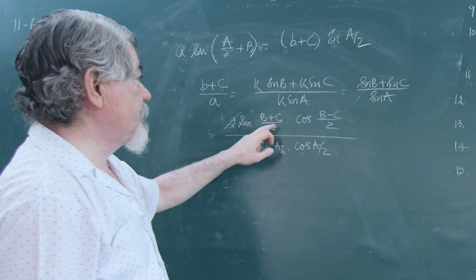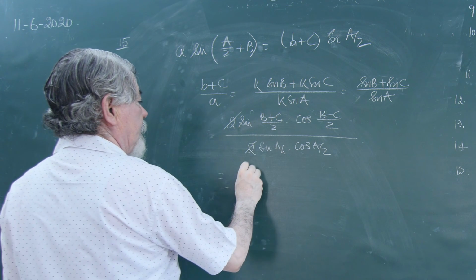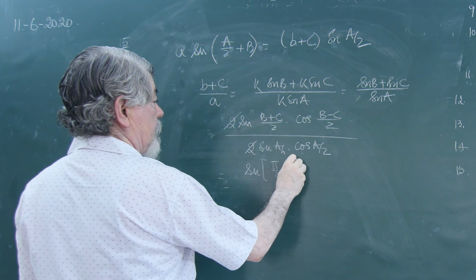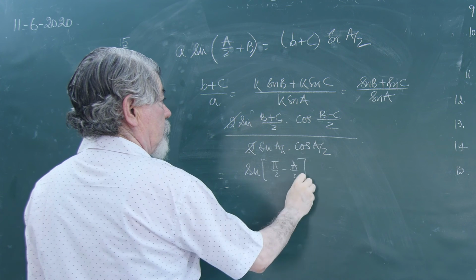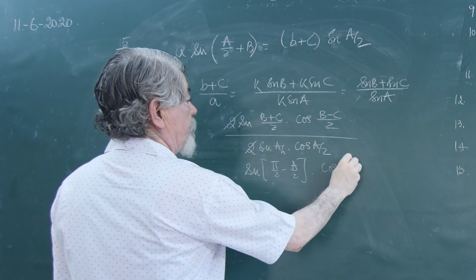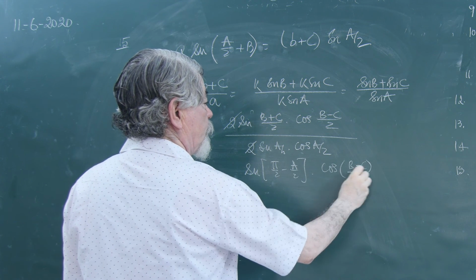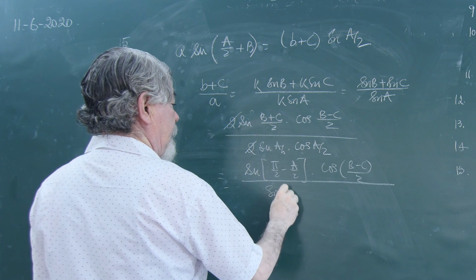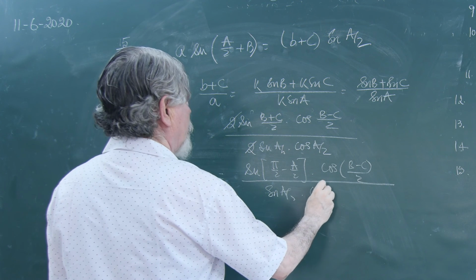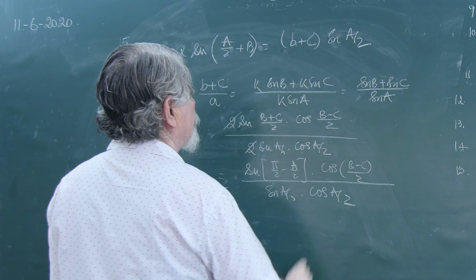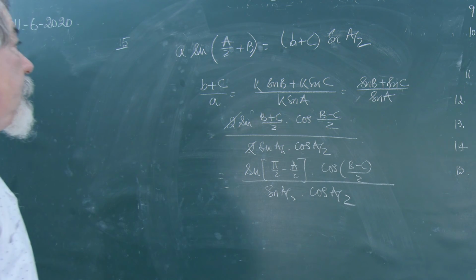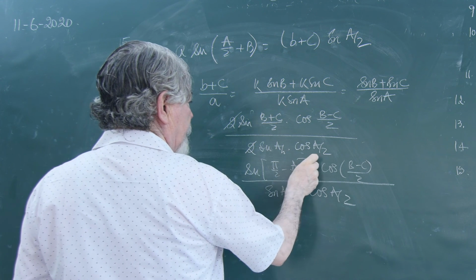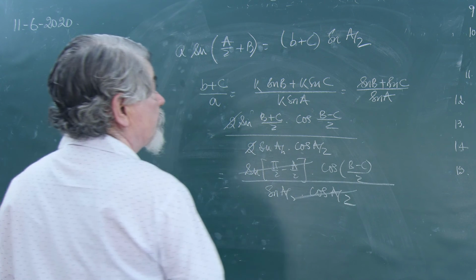And let us see this sine B plus C upon 2. It will become sine pi by 2 minus A by 2, cos B minus C upon 2, upon sine A upon 2 and cos A upon 2. Now this will become cos A by 2, so this will cancel with cos A by 2.